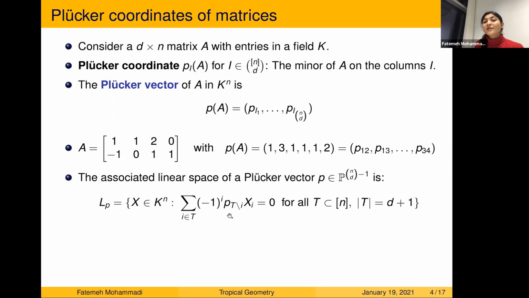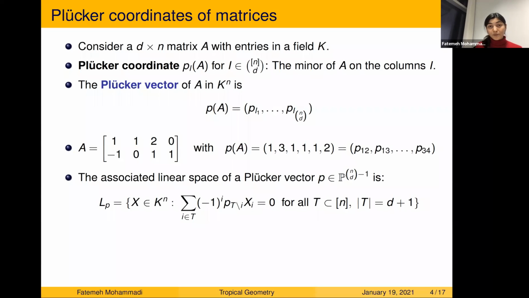The equation is that you take these Plūcker coordinates with the index i removed, and then plug in the corresponding variable x_i. So you have a bunch of these linear equations, at most n choose d plus 1, and the solution of these linear equations is exactly the same linear space which gave you these Plūcker coordinates.